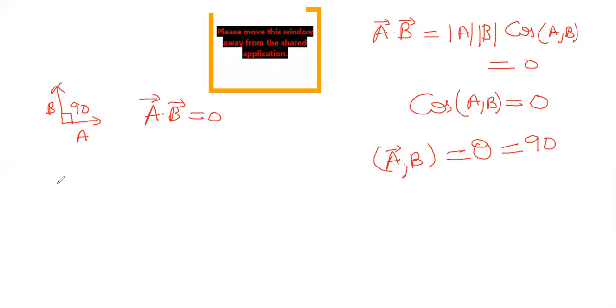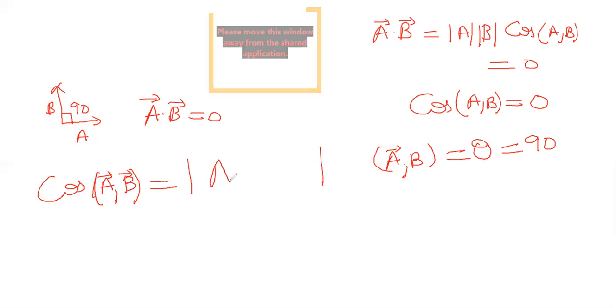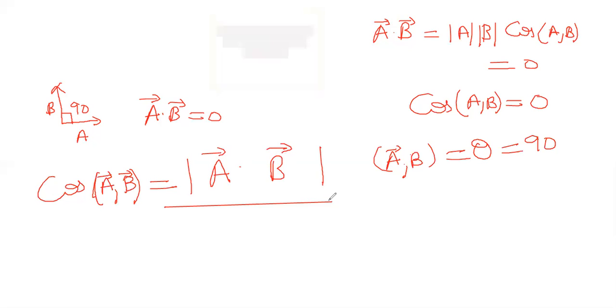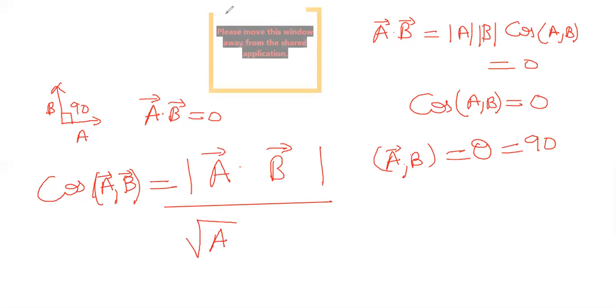Otherwise, how do we find an angle between two vectors? In general, there is a formula that I will tell you first. Cos of the angle between two vectors is given by A bar dot B bar divided by mod A, mod B individually.